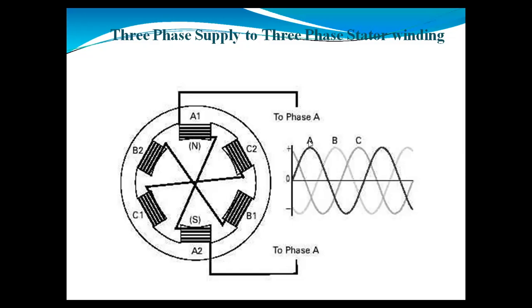But what we are saying? We are saying all are having the same magnitude of voltage. But if you see, we are using the three phase and adjacent two are having the 120 degree phase difference.